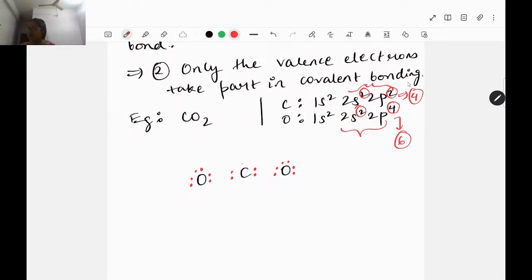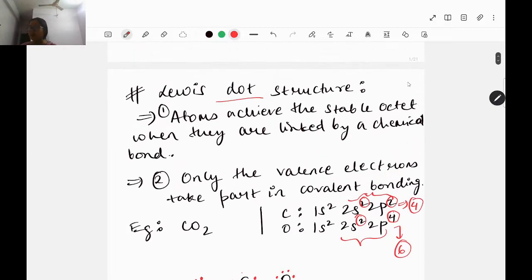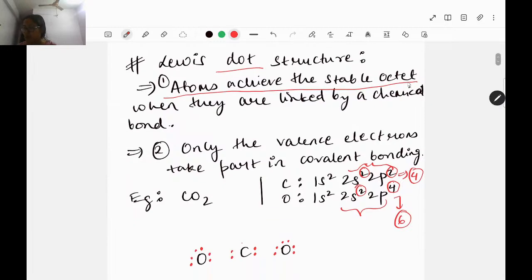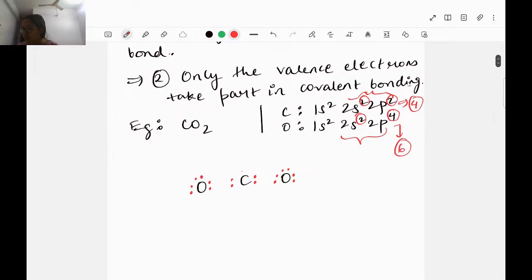Now the main thing about drawing a Lewis dot structure is that the atoms have to achieve the stable octet. This is what I mentioned a few minutes before. You see the oxygen only has 6 electrons in its valence shell. It has to reach 8 electrons to reach stability, to reach the octet.